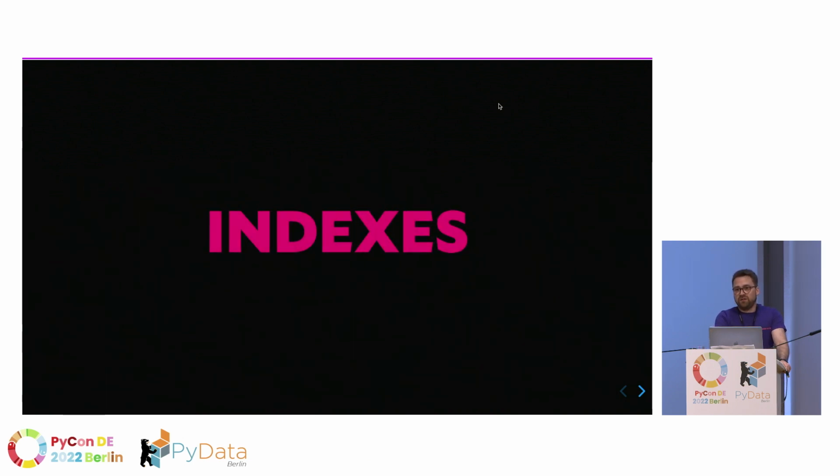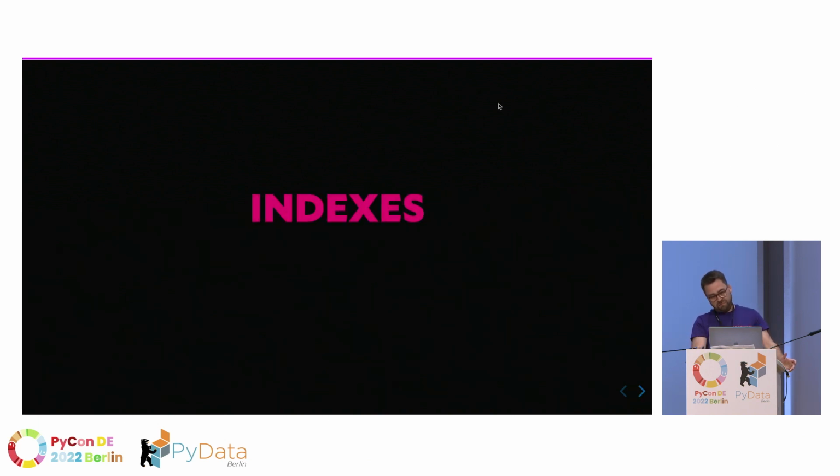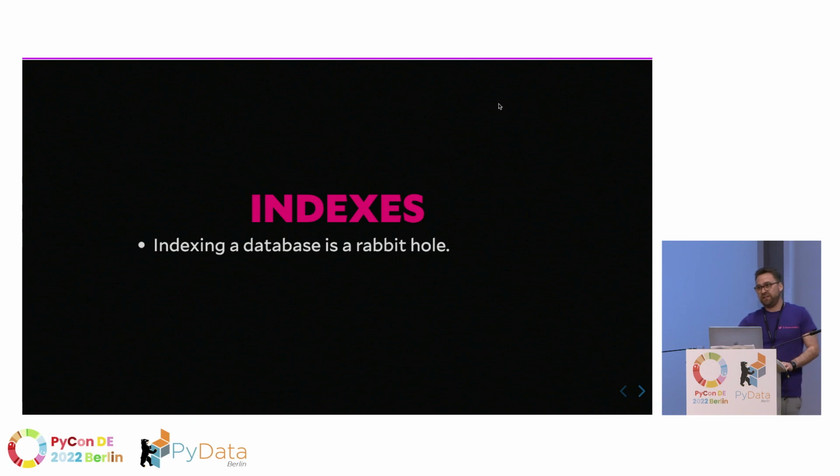So first, let's talk about indexes. And be aware, indexing a database is actually a rabbit hole. That's why I won't cover it too much in detail here. But we had a very good talk by Katerina, I guess it was on Monday morning, about relational databases, including their indexes.